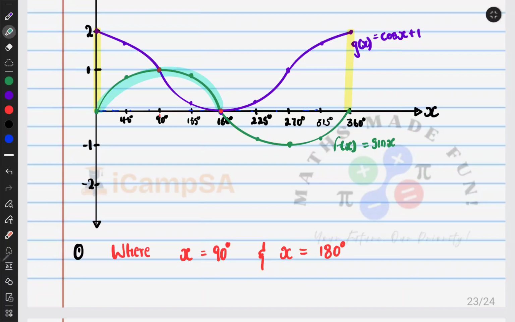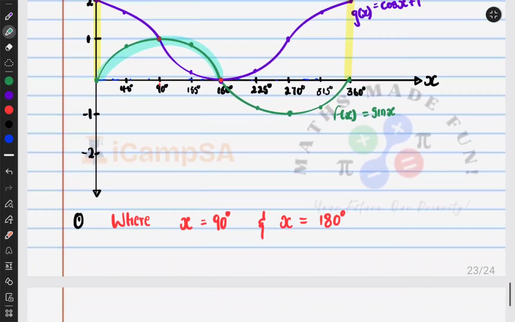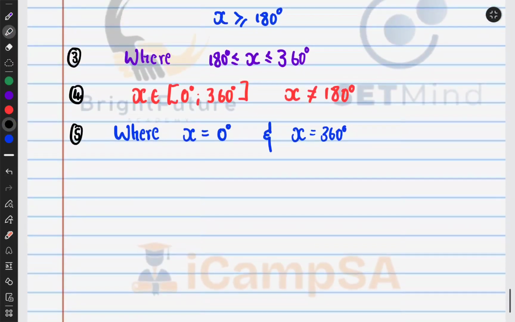But once we get to 360, once again f at x is 0, and 0 multiplied by any number gives us 0. So it's where x is greater or equal to 0 but less or equal to 180. This is number 6.